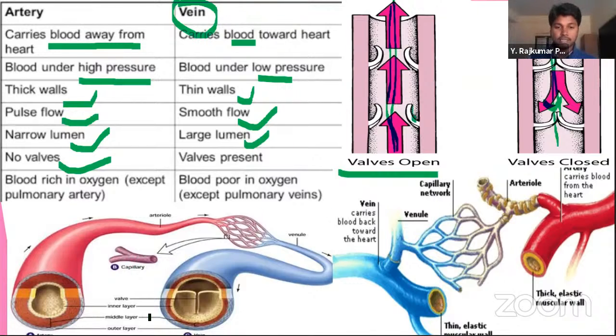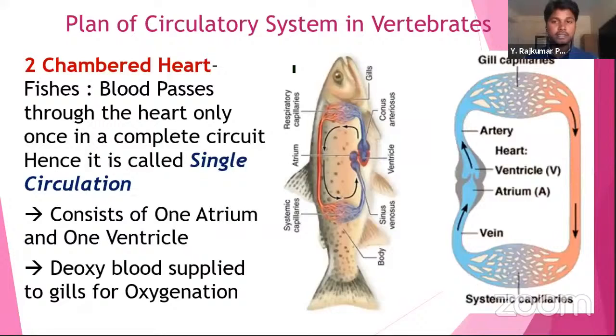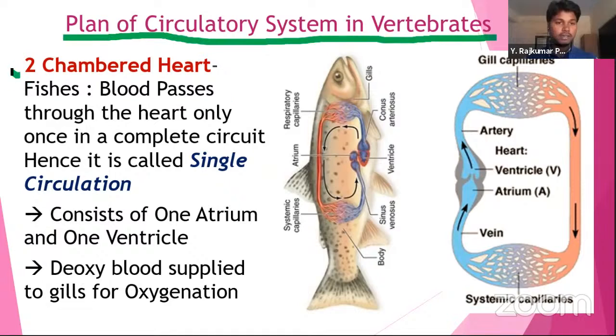So this is the artery and the vein, the differences between them. You can see the structures as well. Let's learn about the different kinds of hearts present in different animals, the plan of the circulatory system in vertebrates. Let's first learn about the two-chambered heart.